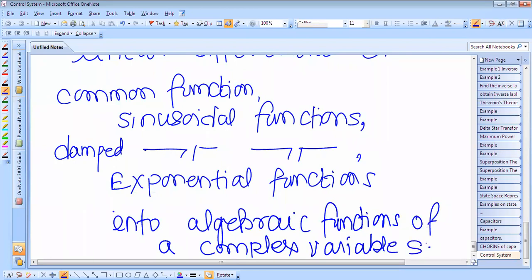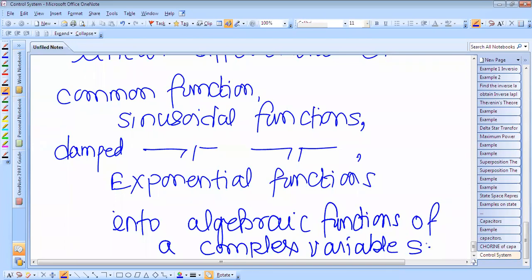Therefore, operations such as differentiation and integration can be replaced by algebraic operations in the complex plane. Therefore, the linear differential equation can be transformed into an algebraic equation in a complex variable S. And if the algebraic equation in S is solved for the dependent variable, then the solution of the differential equation may be found by the use of the Laplace transform.